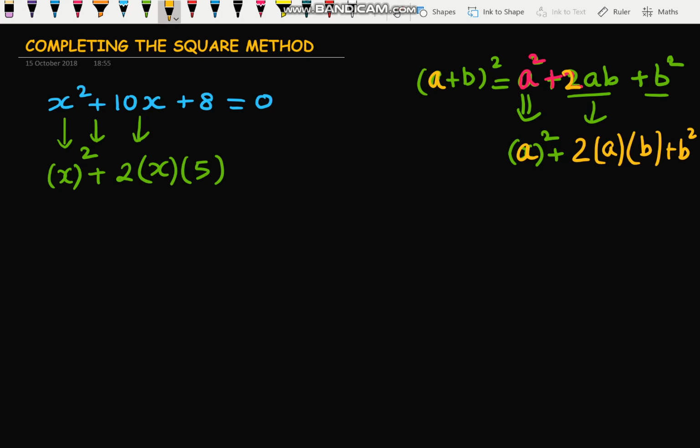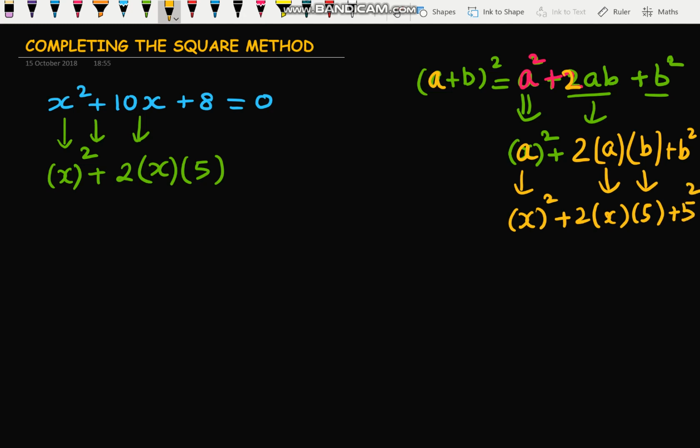So I already have got my a, which is my x. I got my 2 into x into 5. So that means b is my 5, a is my x, and b square is exactly 5 square, right?